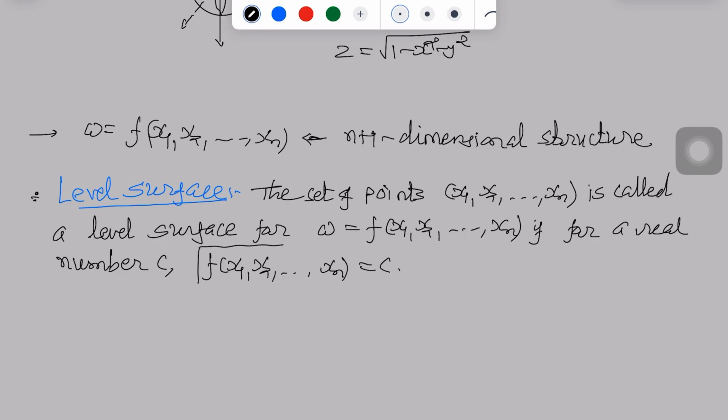So this is called the level surface for the value of c. When c is changed, the corresponding level surface is changed.